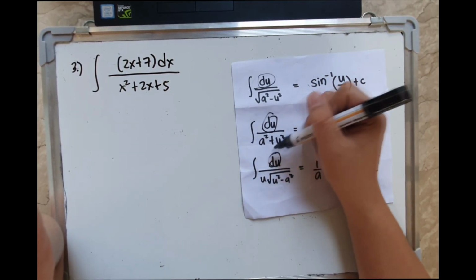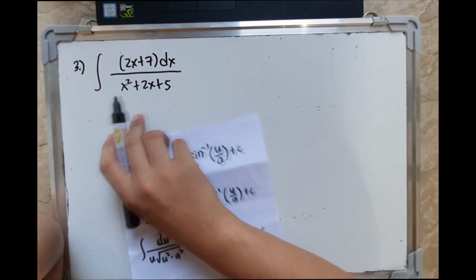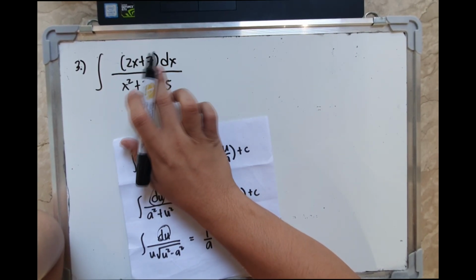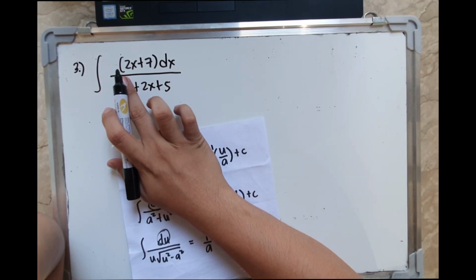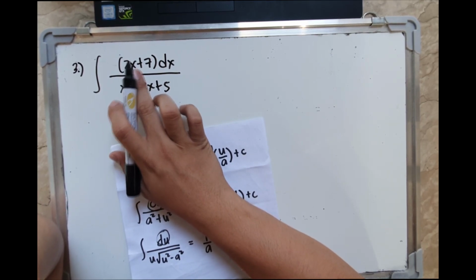If we look here, this could be du in some way, but we will be having an algebraic term first. We have 2x plus 7.